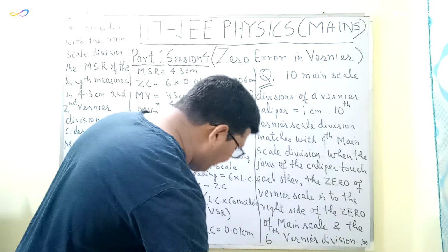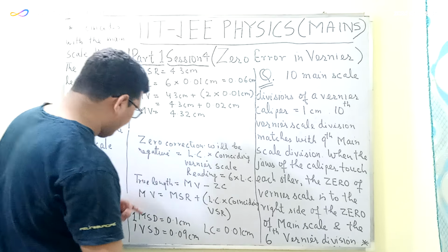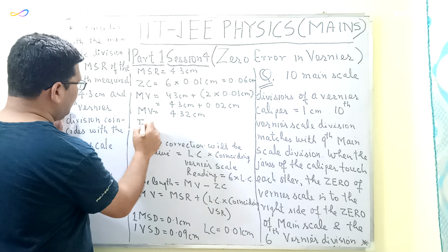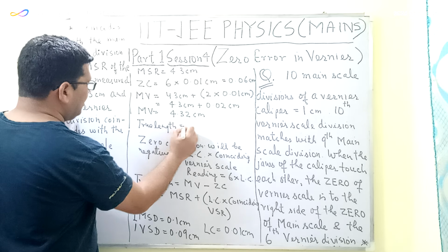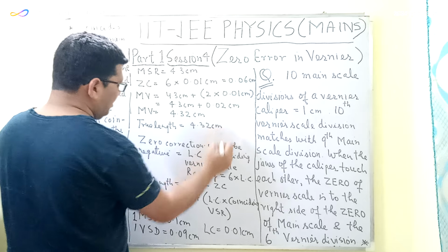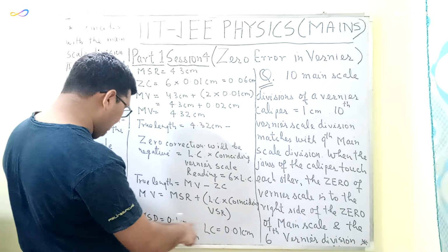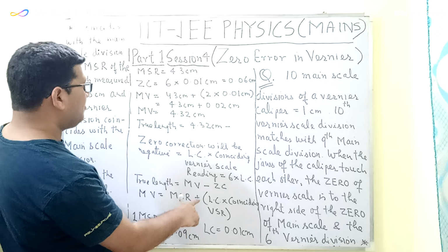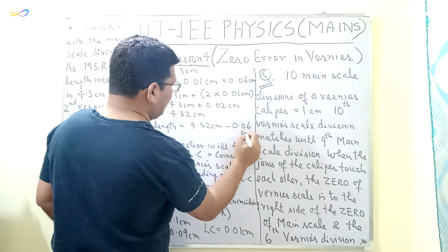Now we have to find the true value. So the true value, or you can say the true length, is equal to the measured value, that is 4.32 centimeter, minus zero correction. Now what is zero correction? Zero correction is equal to 0.06 centimeter.